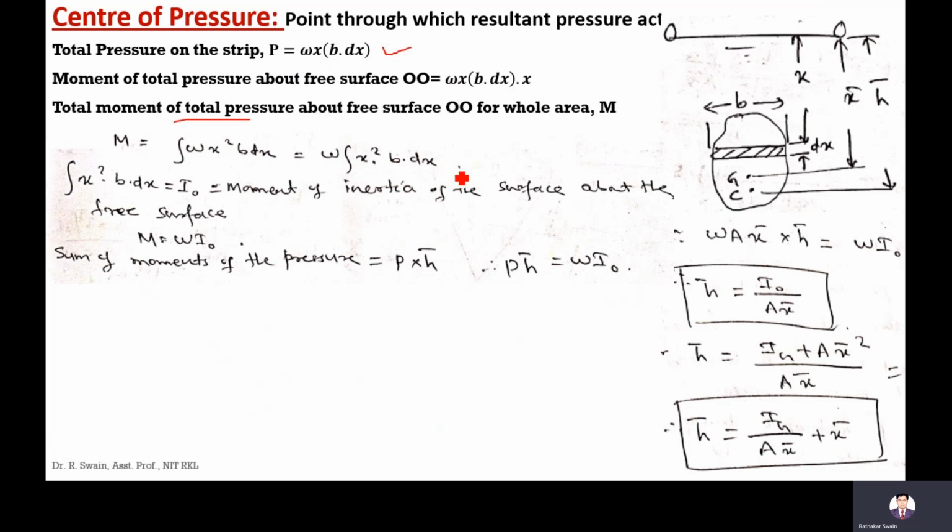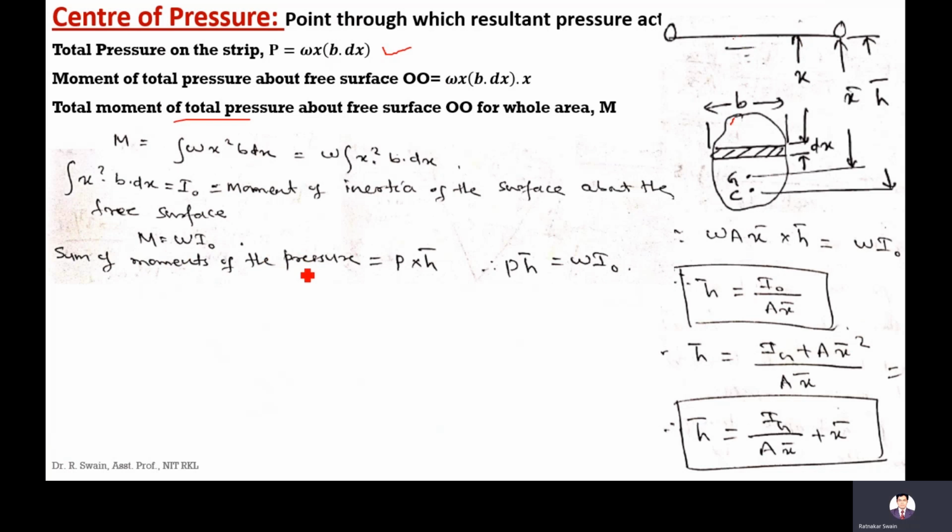What is this x squared B dx? This x squared B dx is the moment of inertia of the surface about the free surface, that is I naught. So the total moment will be W into I naught.